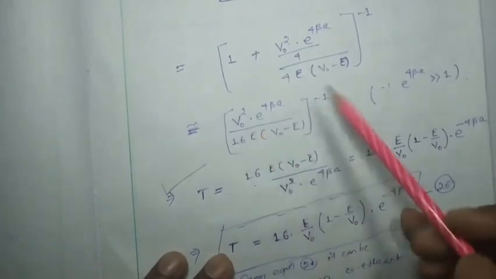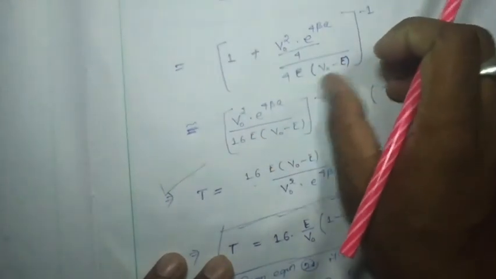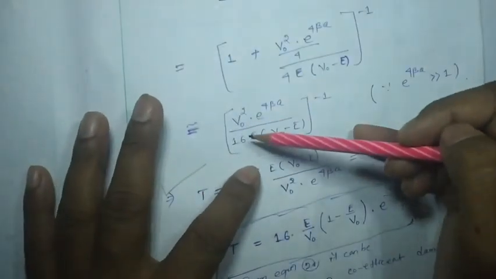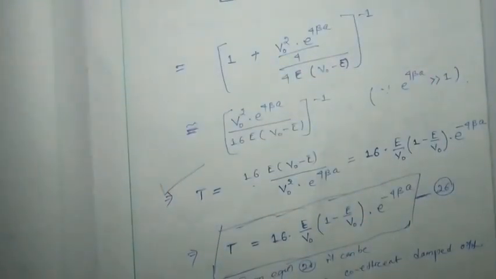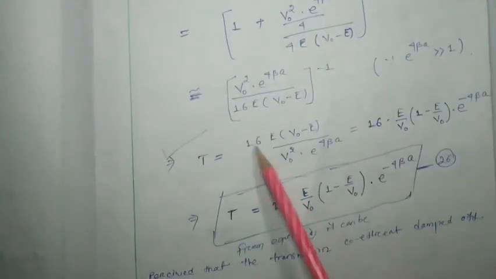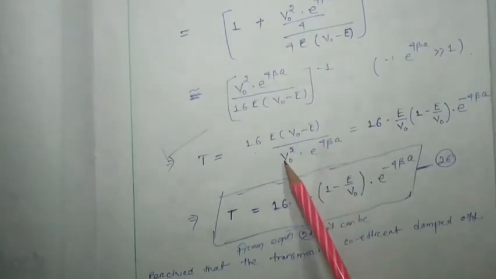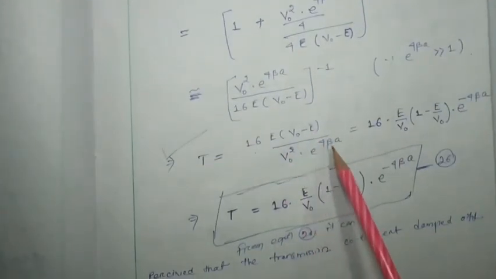Here inverse means, if we remove the inverse, then the numerator will be the denominator, the denominator will be the numerator, and we are going to get 16E(V0 minus E) whole divided by V0 squared into e to the power 4βa.